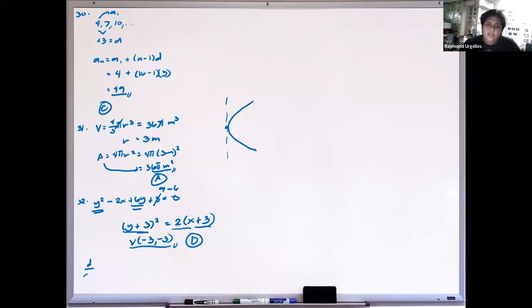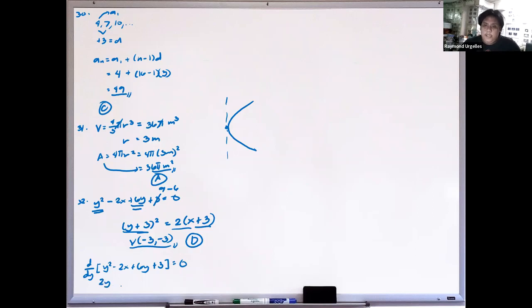Kunin nyo lang yung derivative with respect to y ng parabola, kasi nga, ang mini-minimize natin dito is yung x. So kaya yung variable natin dito is y. Kumbaga binabago natin yung value ng y para makuha natin yung minimum value of x.